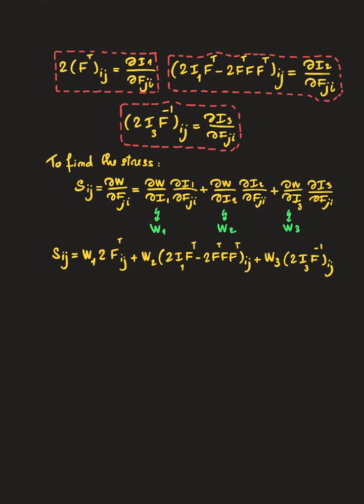In other words, we finally determined the general form of S. This would be equal to 2W1 F transpose plus, let me collect the 2, W2 times I1 F transpose minus F transpose F transpose, plus 2 W3 I3 times F to the minus 1.